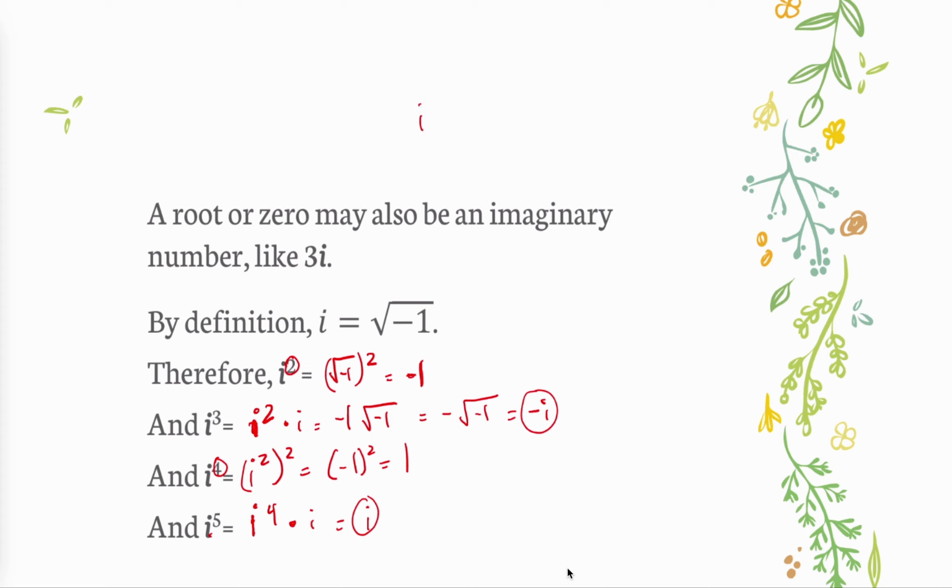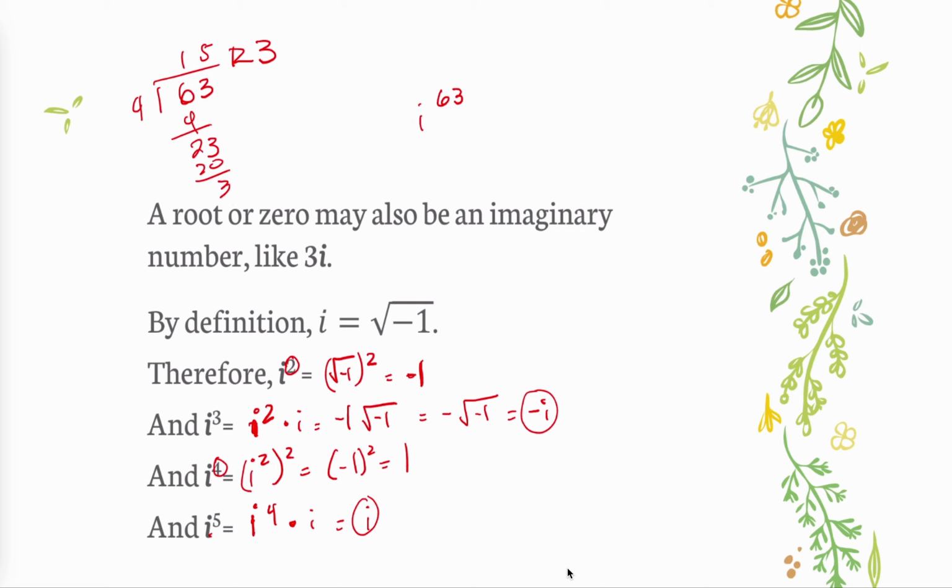So if I say what is i to the 63rd power, what I can do is find the nearest multiple of 4. So do 63 divided by 4, goes in 15 times, remainder 3, right?